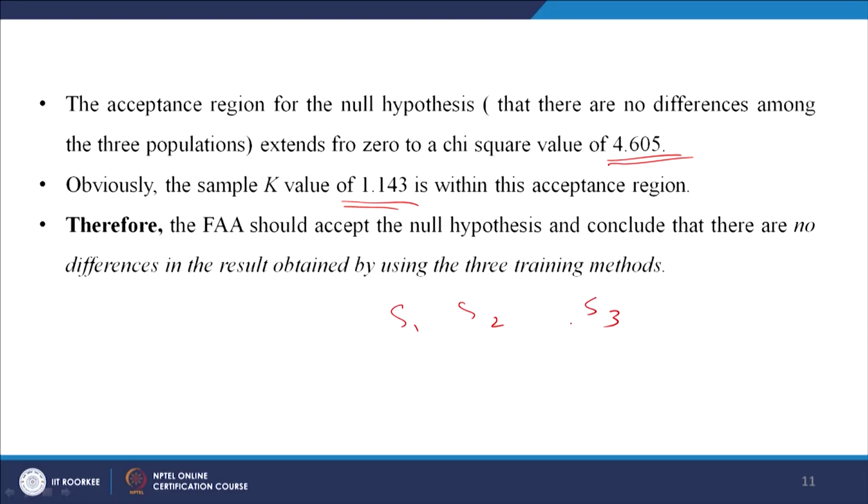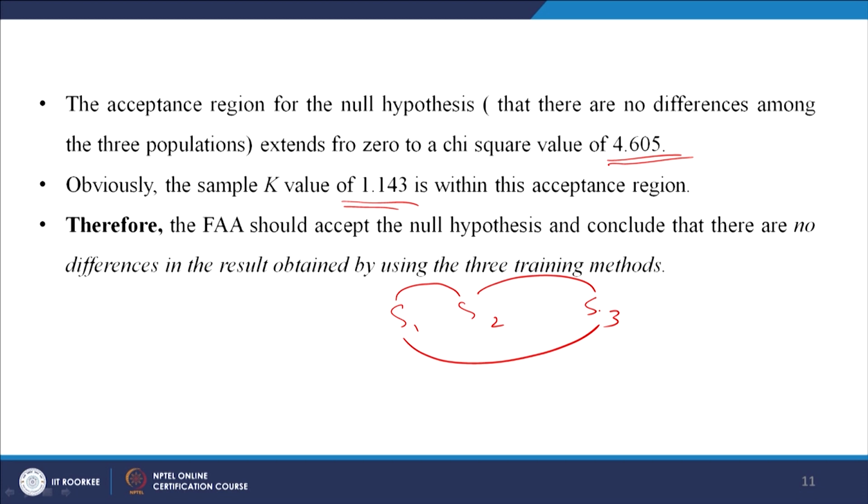While doing an ANOVA, you can split into pairs, for example, let us say sample 1, sample 2 and sample 3 are there. You can do a Mann-Whitney test between S1 and S2, between S2 and S3, and between S1 and S3, and also see which is the most effective method out of these 3.